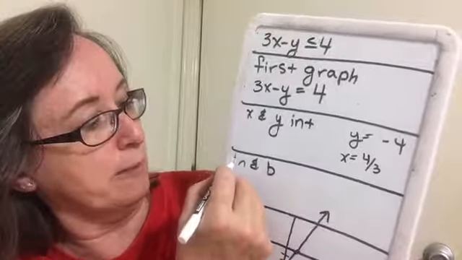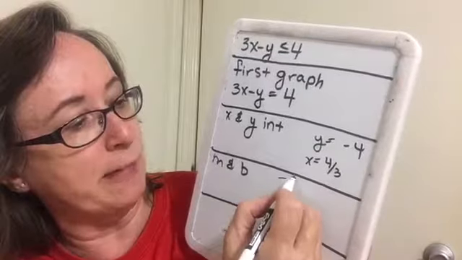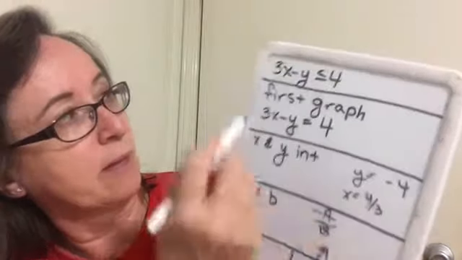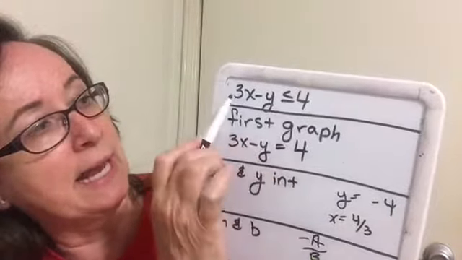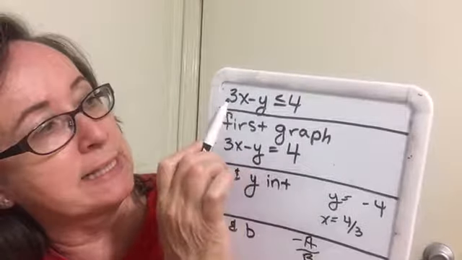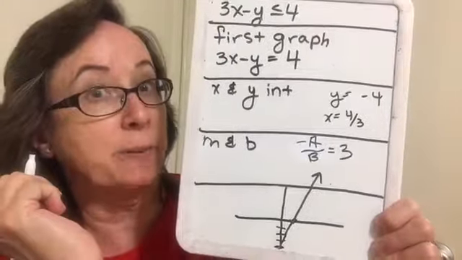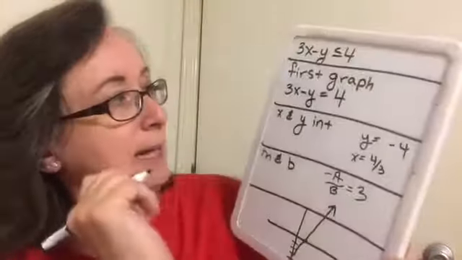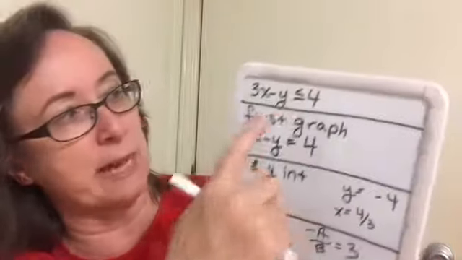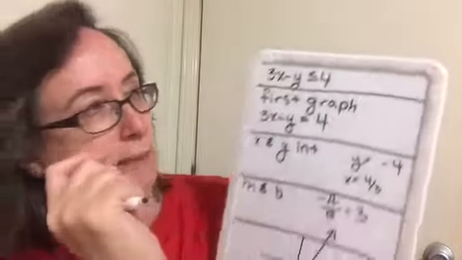Remember, our slope here is negative a over b. Since I've got a negative 3 over a negative 1, my slope is a positive 3. Our slope is climbing, so it looks right. And our y-intercept is c over b.